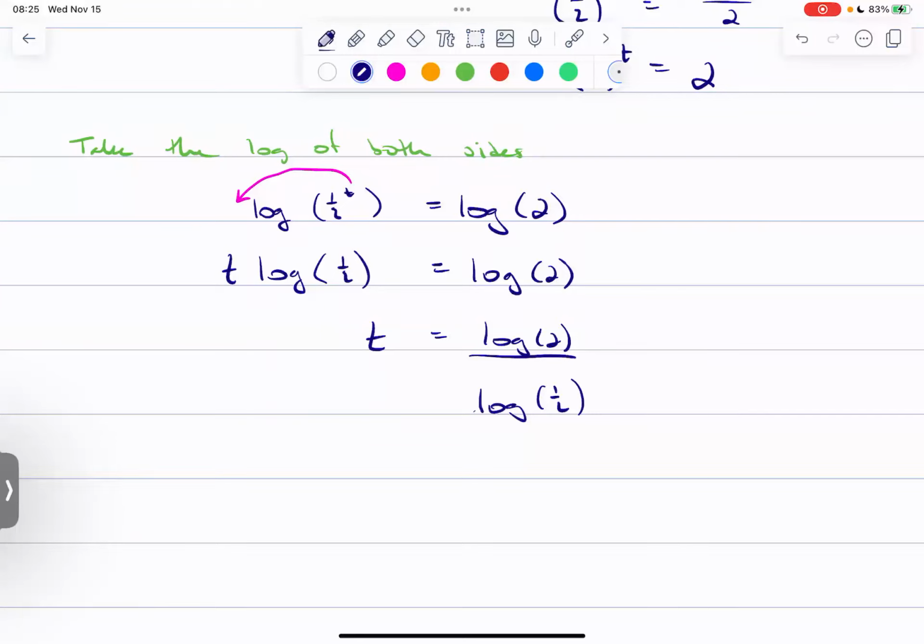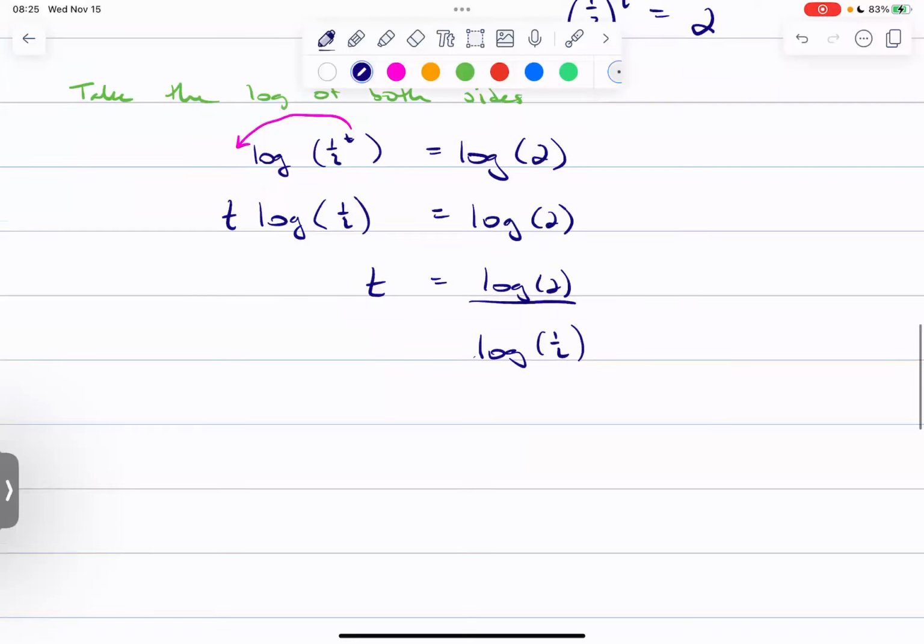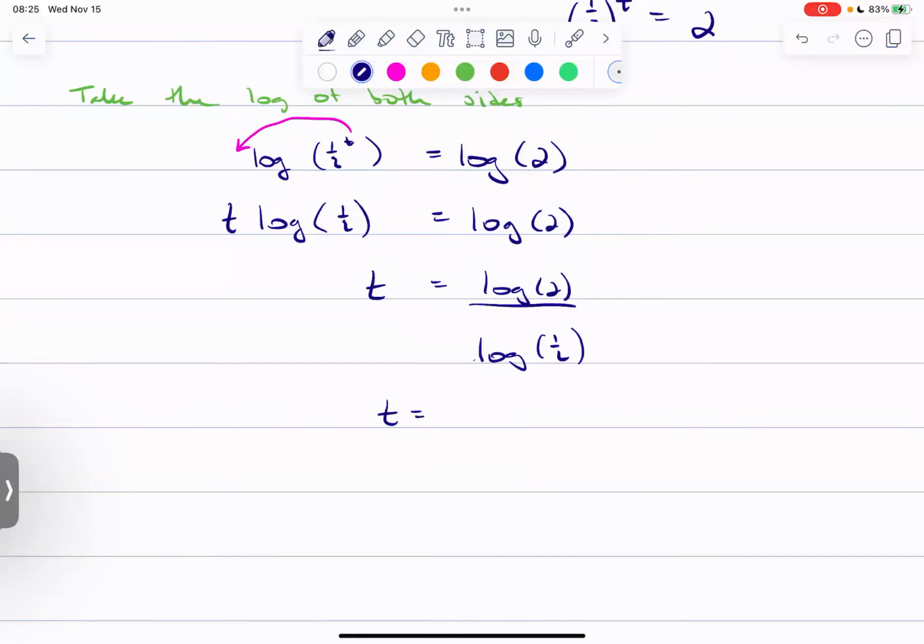The common log of 2 divided by log base 10 of 0.5, t is -1. Why is that? Sidetrack, but still, skills that we already know. Why is it -1?